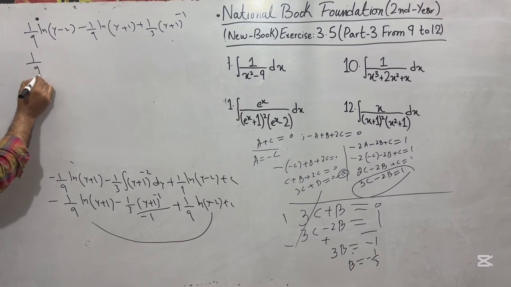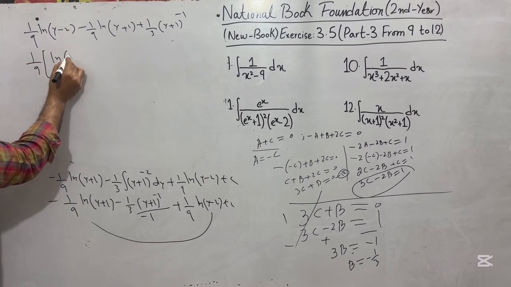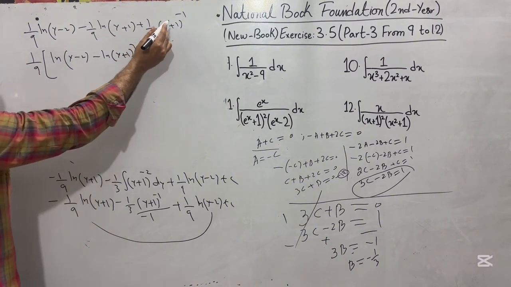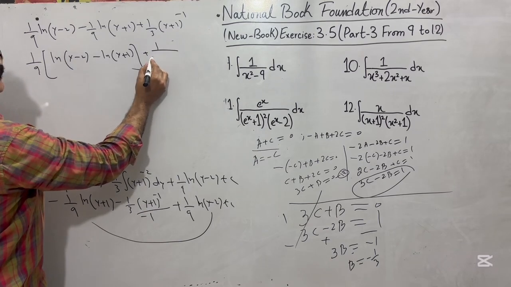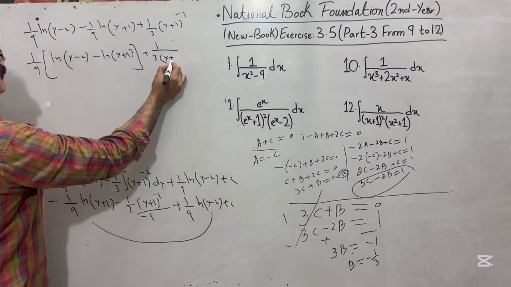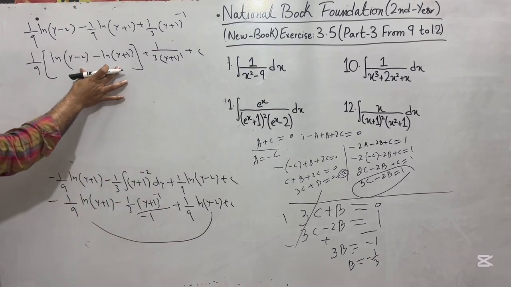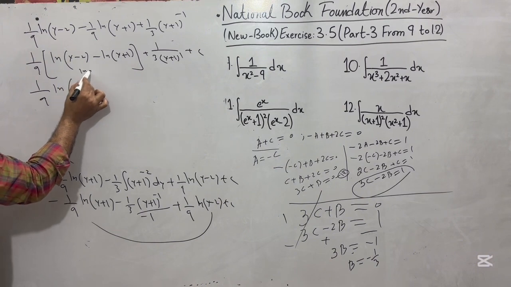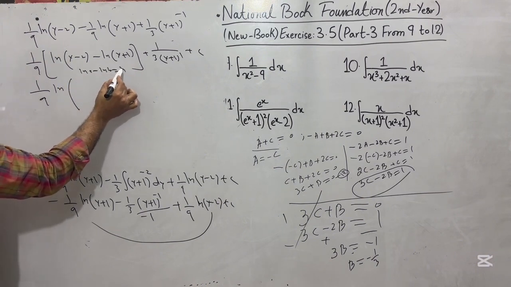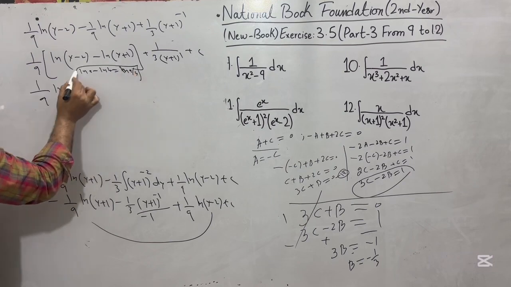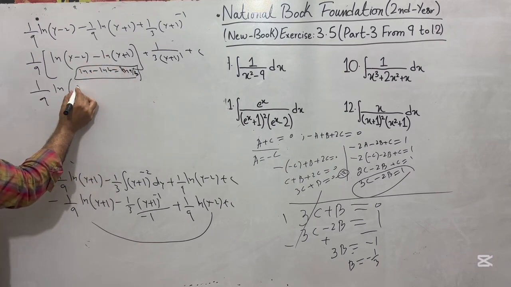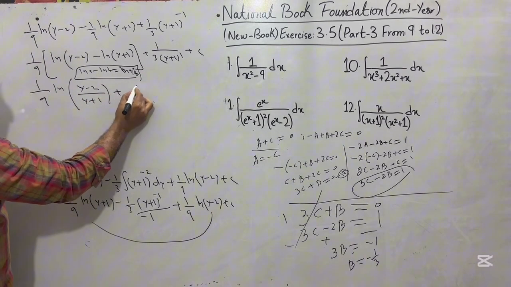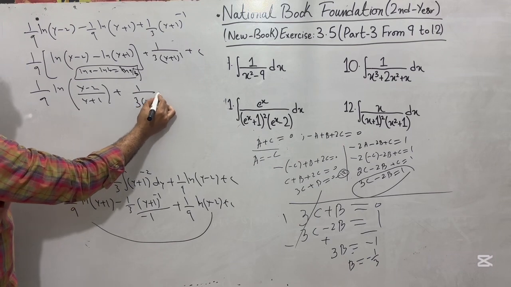Taking 1 over 9 common, we are left with ln y minus 2 minus ln y plus 1, bracket over. Turning the negative part to positive, writing the function in the denominator, it will be y plus 1, plus c. That can be merged by applying the property of log, that ln a minus ln b can be written as ln a over b. Utilizing this property here, it will become y minus 2 divided by y plus 1, and it is 1 over 3 y plus 1 plus c.